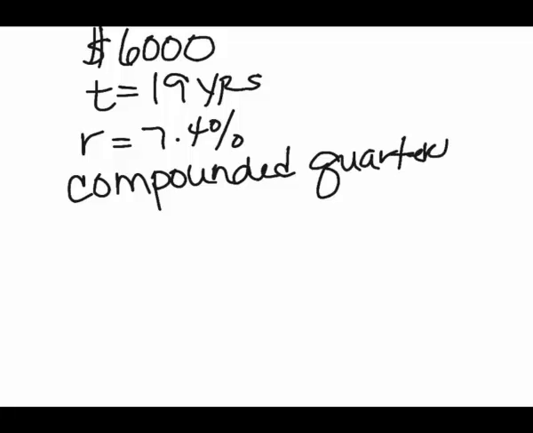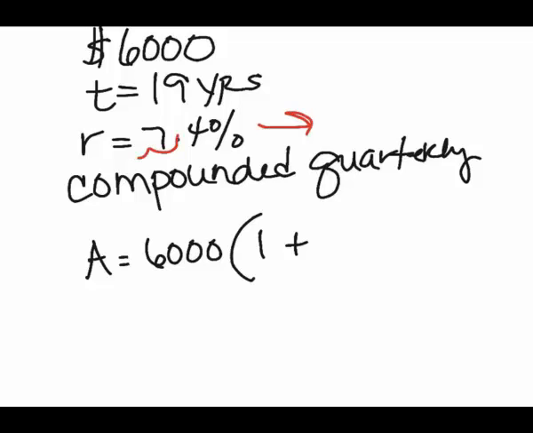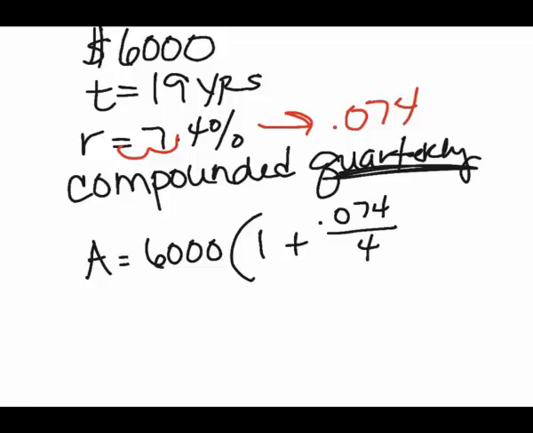Okay, and so I'm going to use the formula that I showed you at the very beginning of the lecture. A equals, A is 6,000 equals 6,000 times (1 plus R, which has to be a decimal, 0.074, over N, and N is compounded quarterly, so N is 4), raised to the NT, okay?